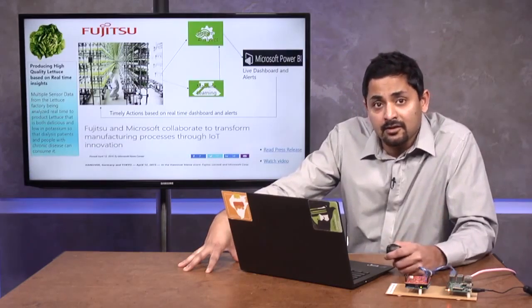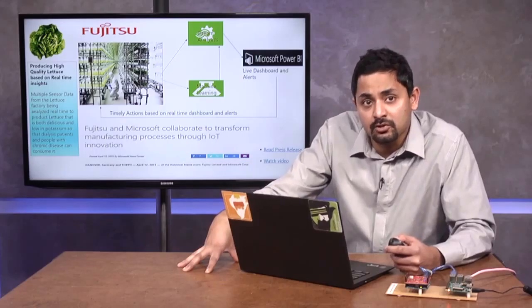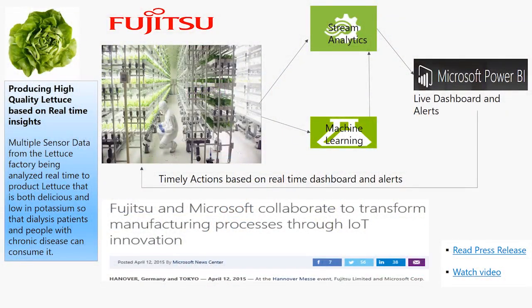Then let me go to another completely different use case, Fujitsu. What Fujitsu is doing is they took a factory floor and said, let us try to innovate on this. I don't know if you realize this, but for certain kinds of diseases, you have to control the amount of potassium which is there in your diet.